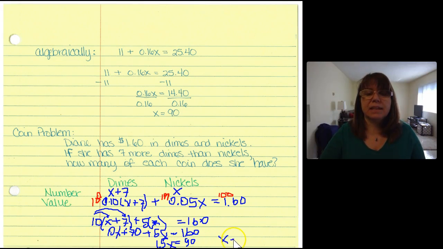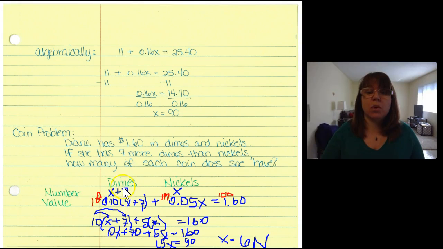X equals, well, let's see, 15 and 15 is 30. Plus 15 is 45. Plus 15 is 60. Plus 15 is 75. That's 6. 6 answers one of the questions. How many of each coin does she have? She has 6 nickels, right? Because that's where our X was.